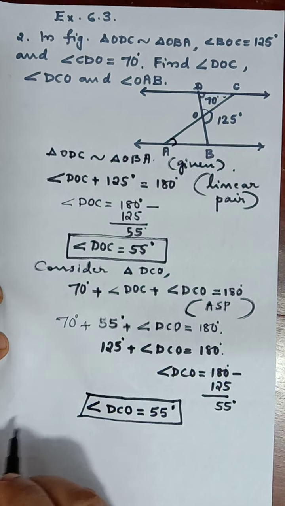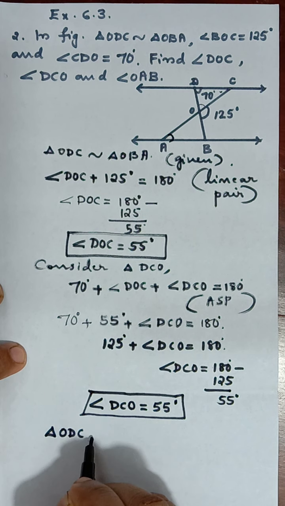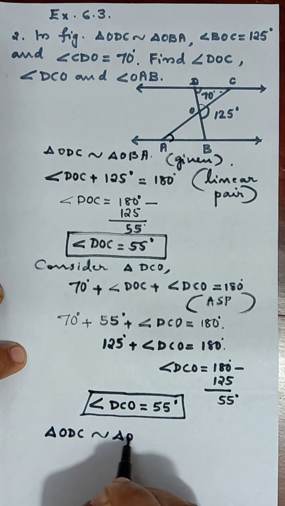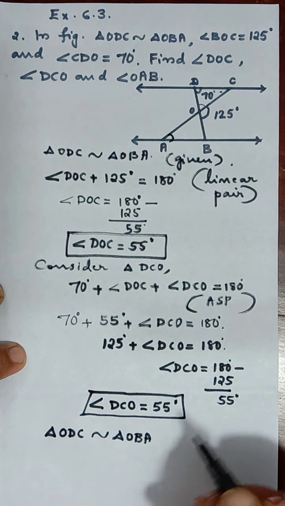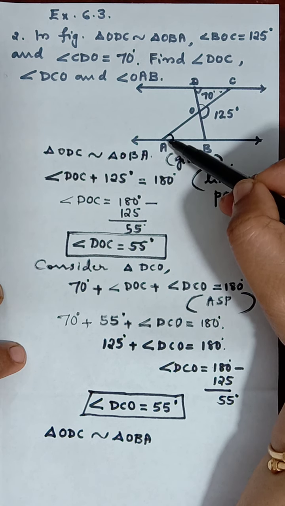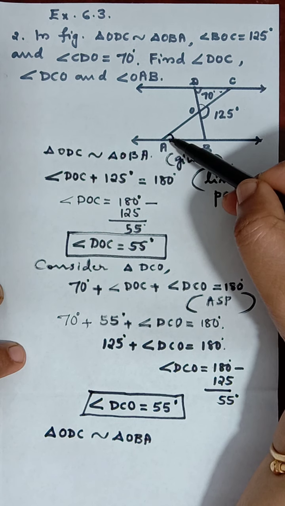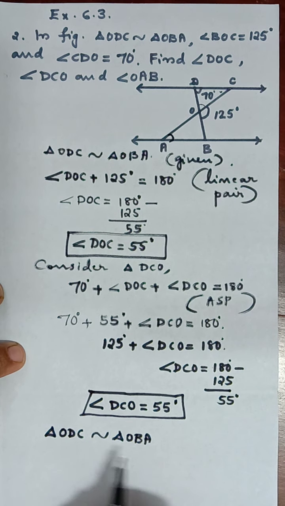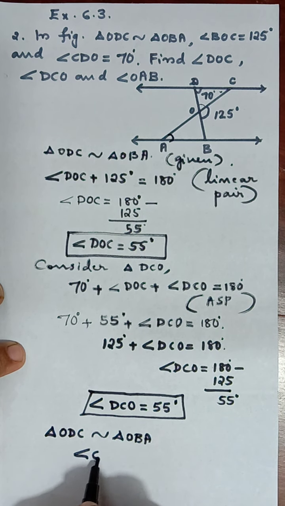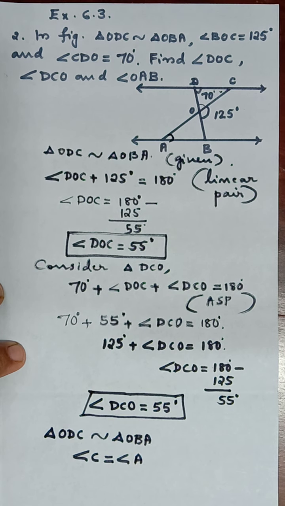Here it is given triangle ODC similar to triangle OBA. Therefore, isn't it angle C is equal to angle A?